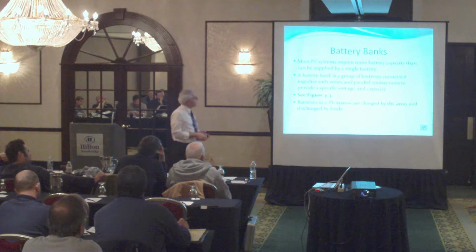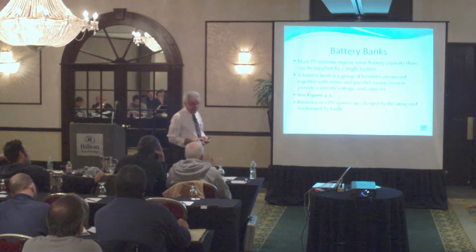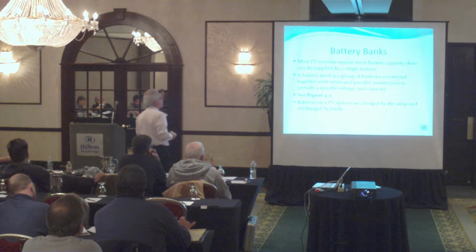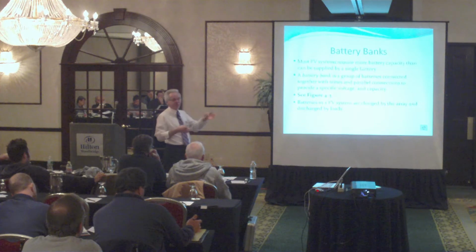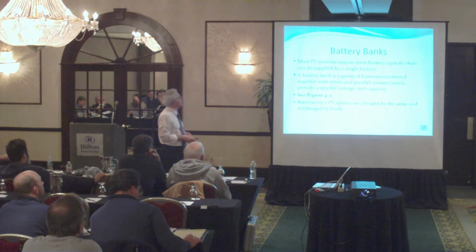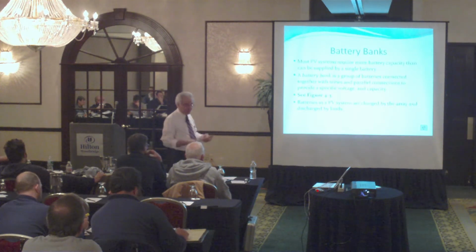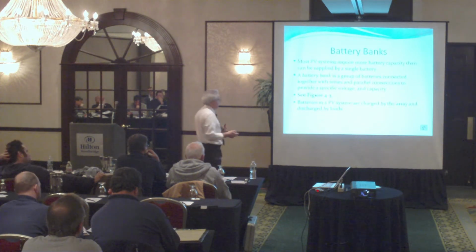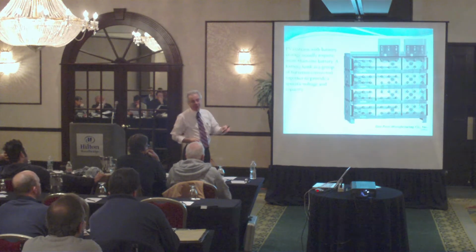Some of the PV systems require battery backup in order to be able to store the power. Usually a battery bank is a group of batteries. You connect them together in series or parallel, and you'll be able to store some particular amount of power there. Again, you need space for that. You charge it by the array and discharge it by the loads.